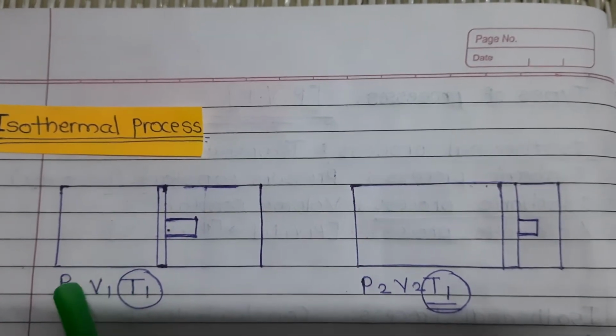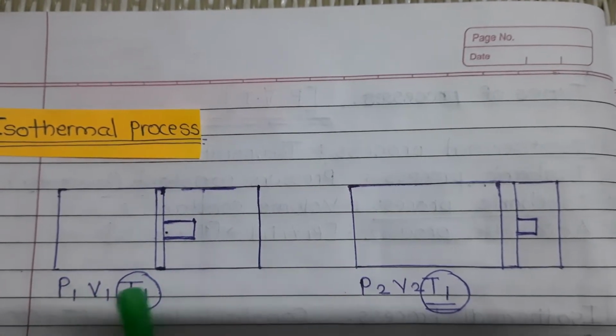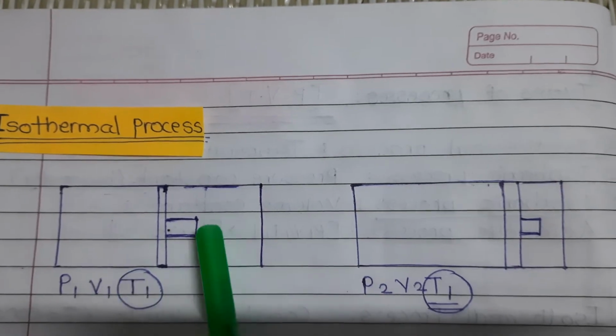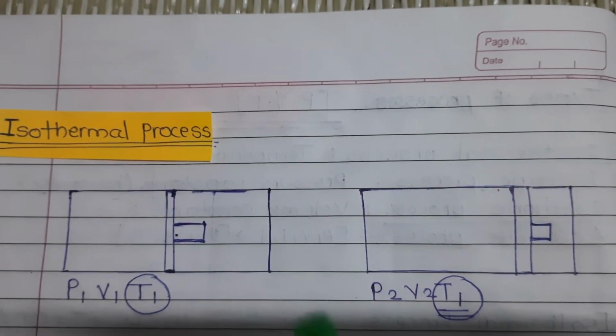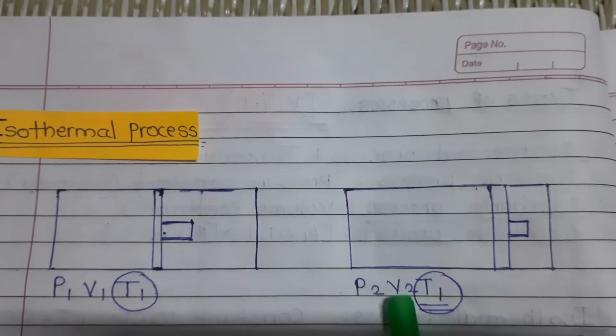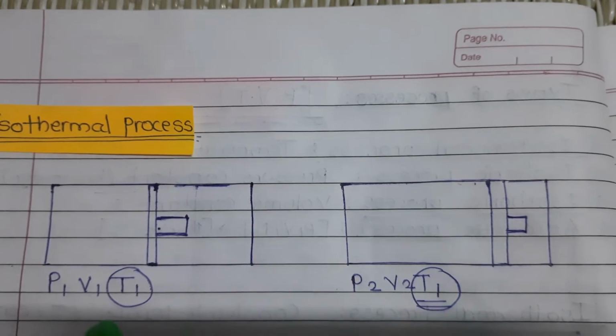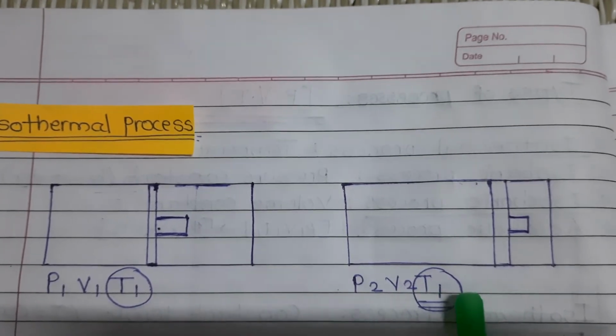In this system, P1, V1, T1, meaning pressure, volume, temperature of this system, is converted into pressure P2, volume V2, but temperature remains the same, T1.